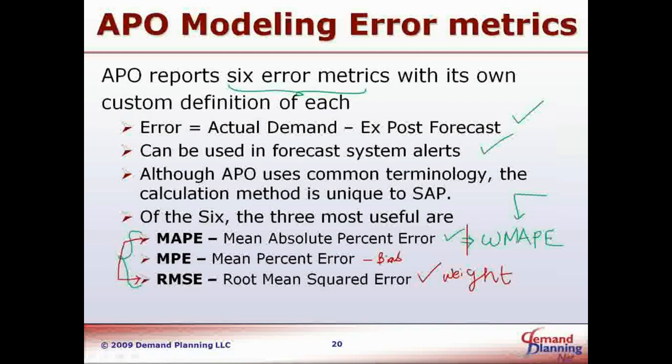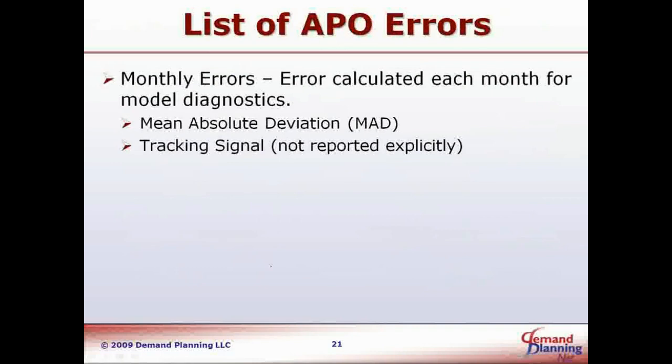It also uses a mean percent error. This is actually what we use for bias, because it allows offsets for positives and negatives. Another error is the root mean squared error, which is actually an excellent error because it includes the weighting. The volume weighting takes place when you use the root mean squared error. So that's the difference. This is unweighted.